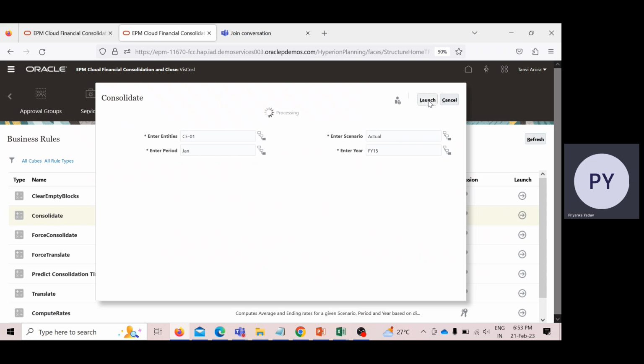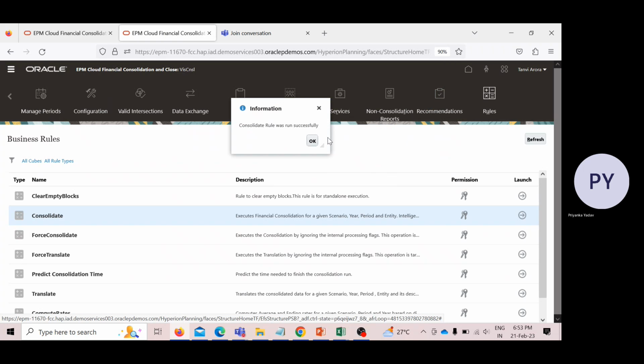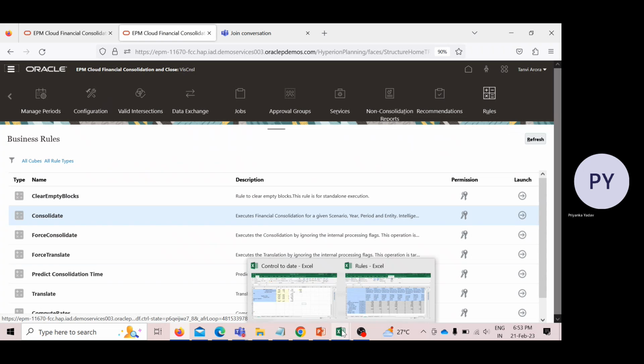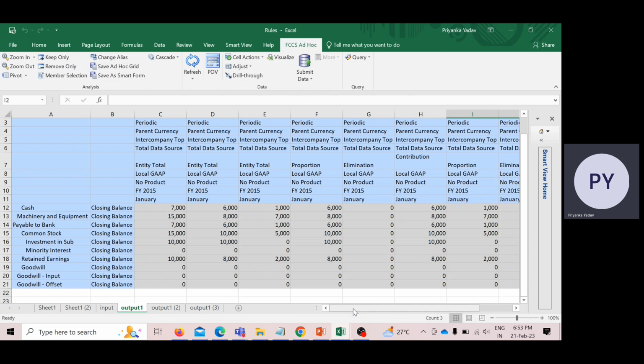We just have to launch it. We will go to the sheet.